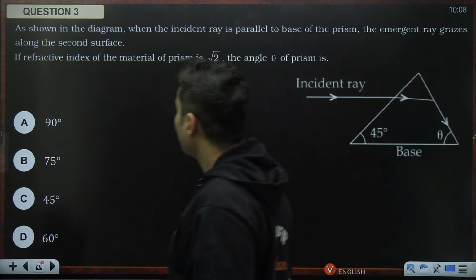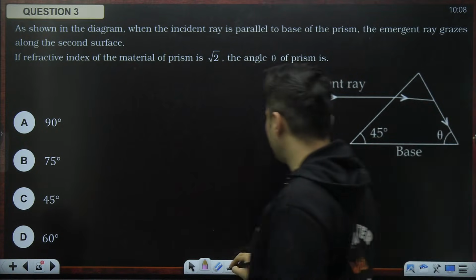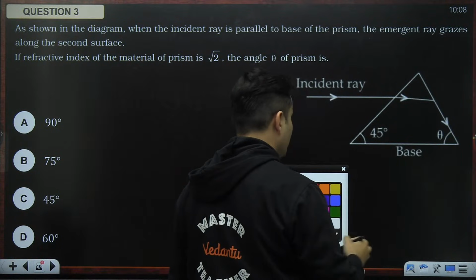And here it is. As shown in the diagram, when the incident ray is parallel to the base, the emergent ray grazes along the surface as shown in the diagram. Refractive index is √2, then the angle of the prism is. Couple of things in this question.